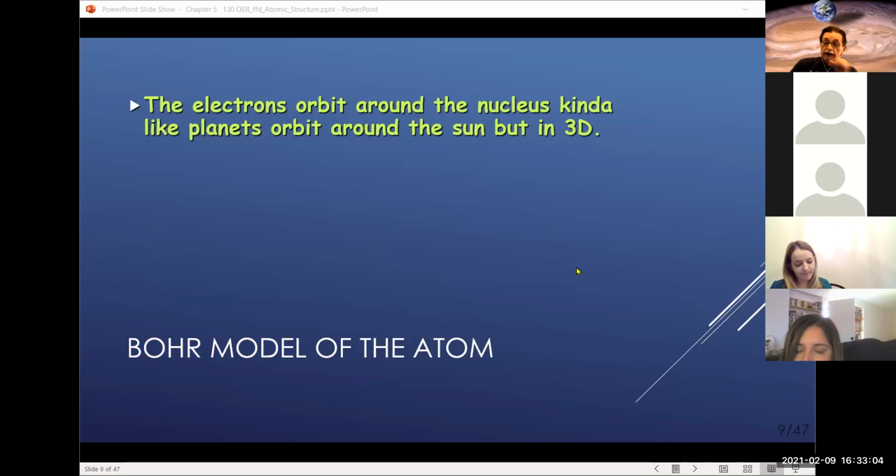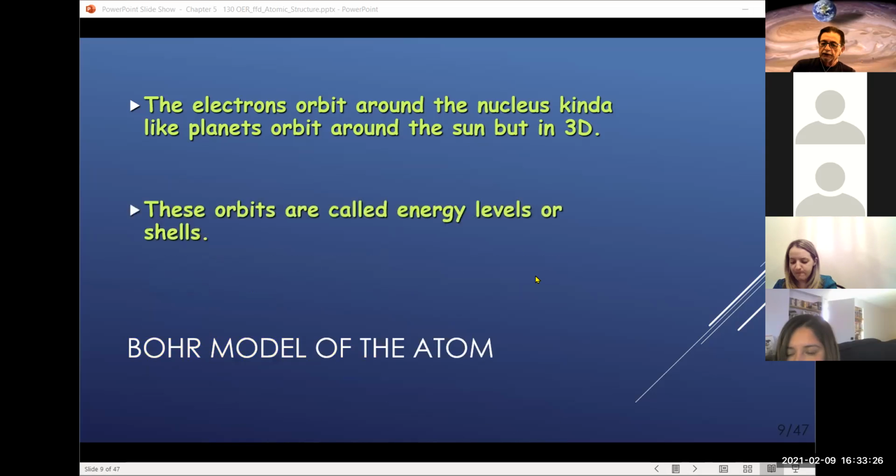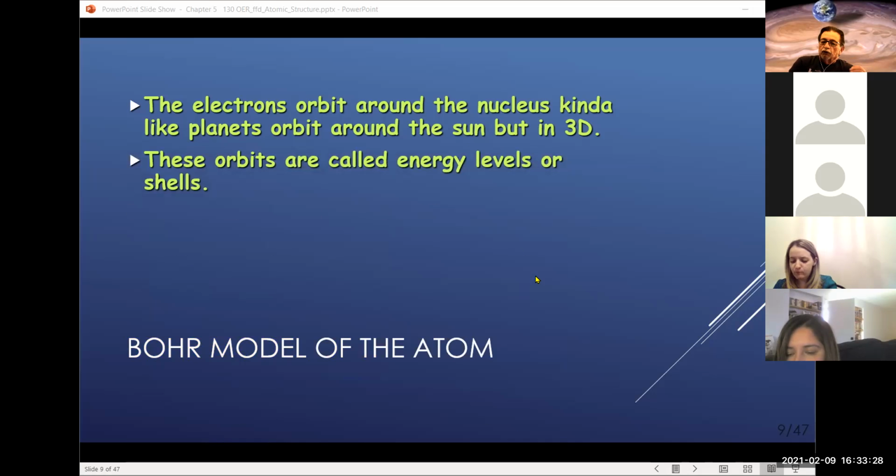And that they orbit around the nucleus, much like our planets do in our solar system, but three-dimensionally, not just one-dimensionally like the orbits of the planets, but they could be in different areas in the X, Y, and Z positions. These orbitals, he called them energy levels or shells.